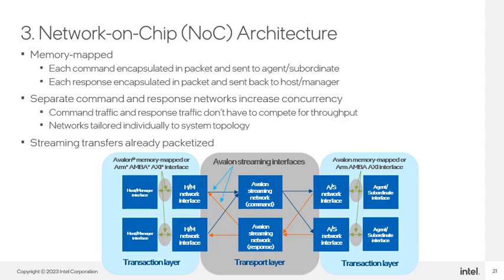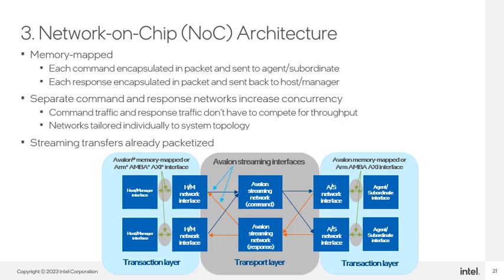The third important aspect of the Platform Designer System Interconnect is the Network on Chip, or NoC architecture. The NoC serves to transfer packets of data through the system as quickly and directly as possible to facilitate communication. It is built and customized automatically based on the options and connections made in the tool.